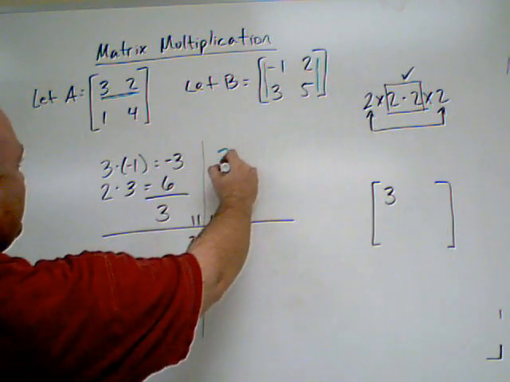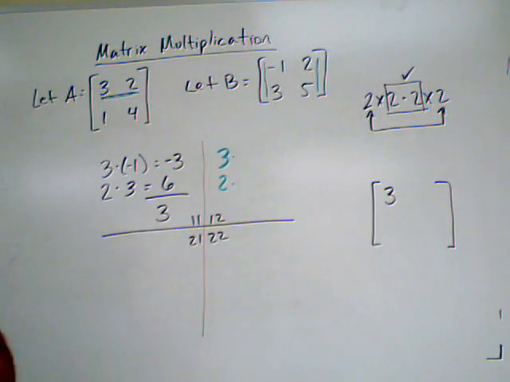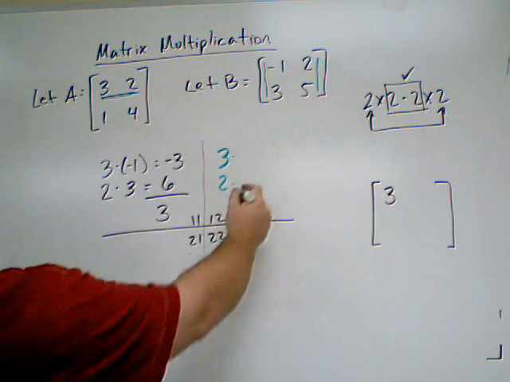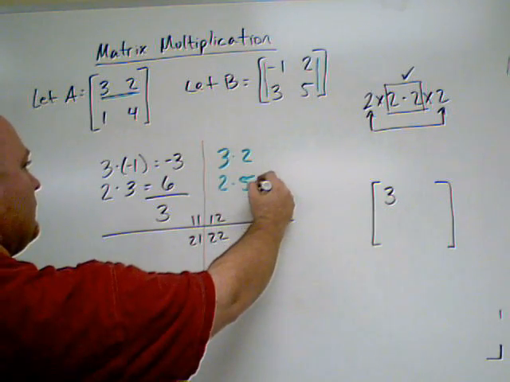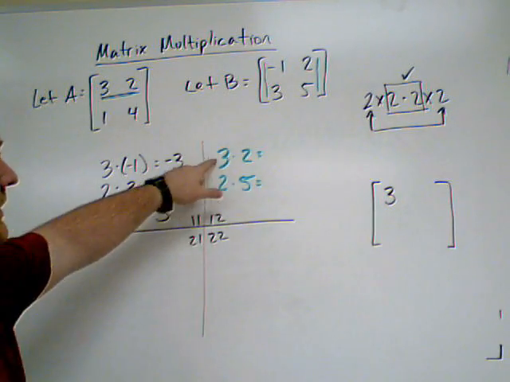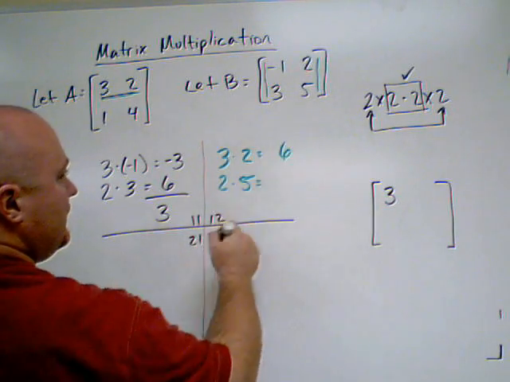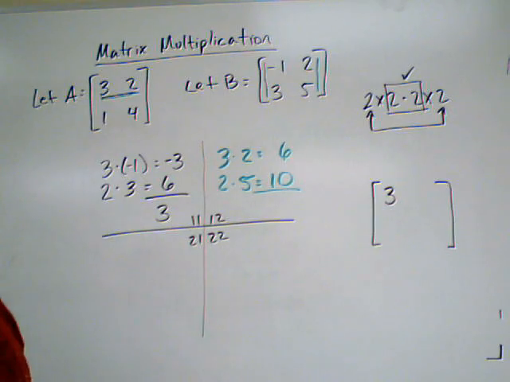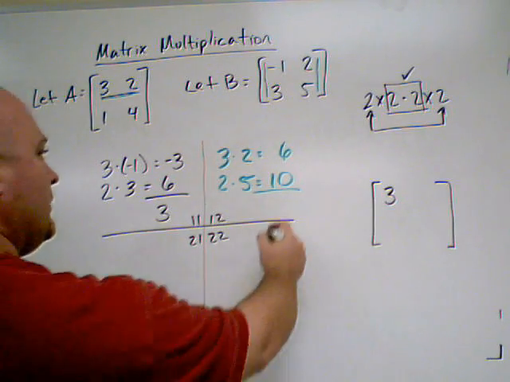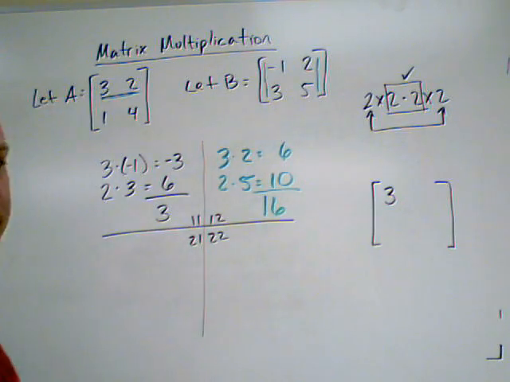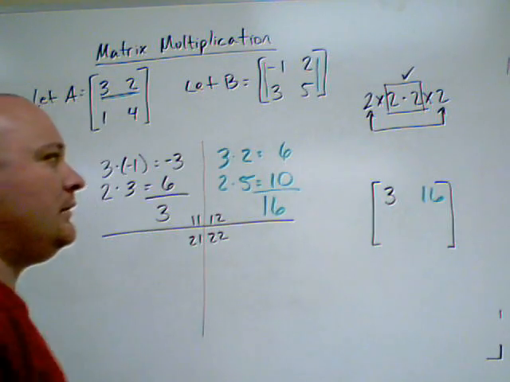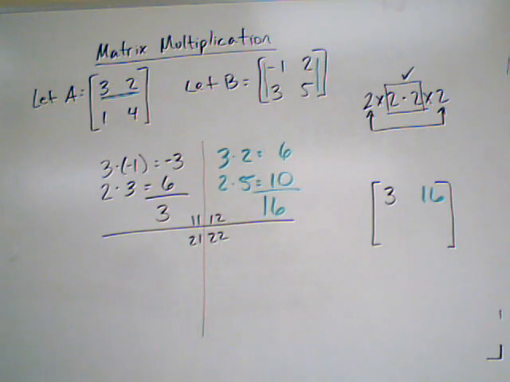We still have 3 and 2 from matrix A, but now we're going to use 2 and 5 from B. 3 times 2 gives us 6, and 2 times 5 gives us 10. Again, we add those numbers together and get 16. So if we put this answer in our matrix, we have 3 and 16.